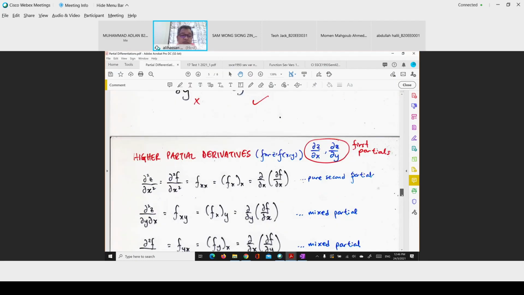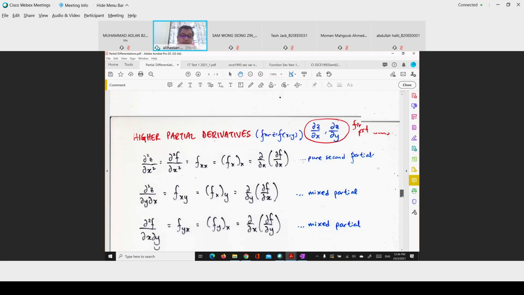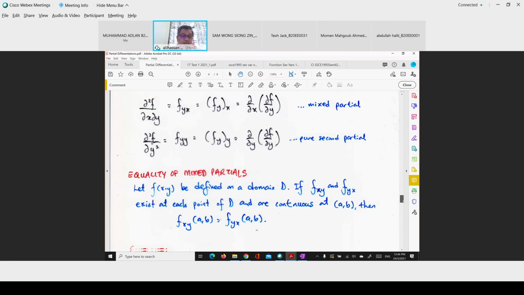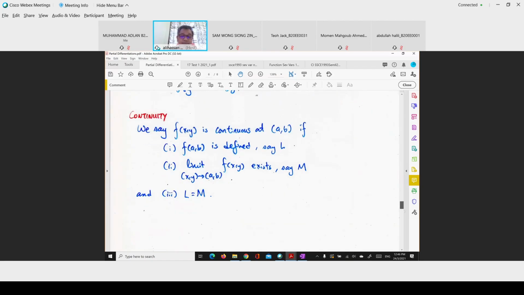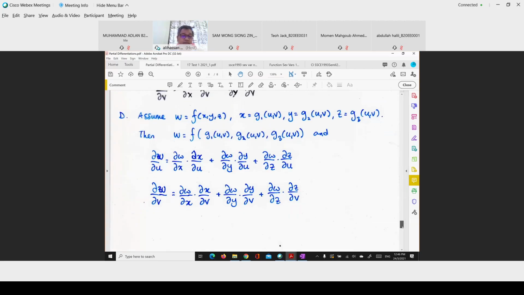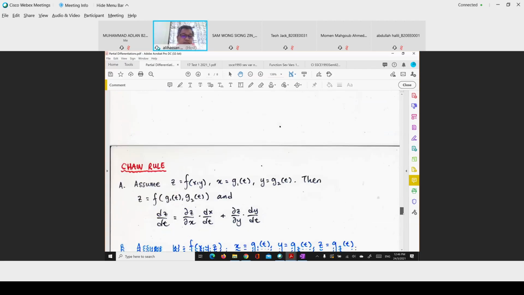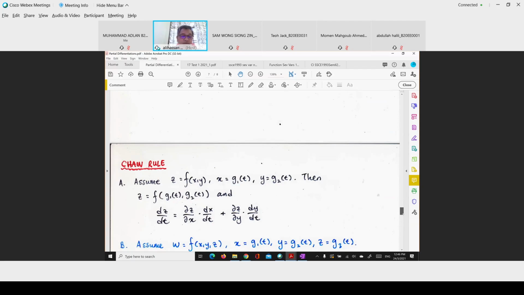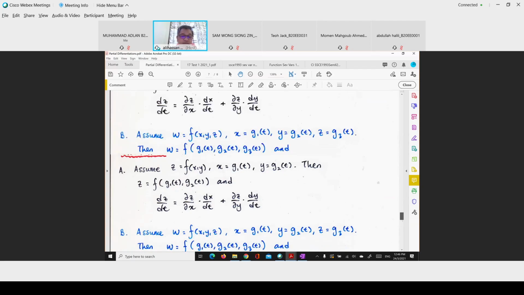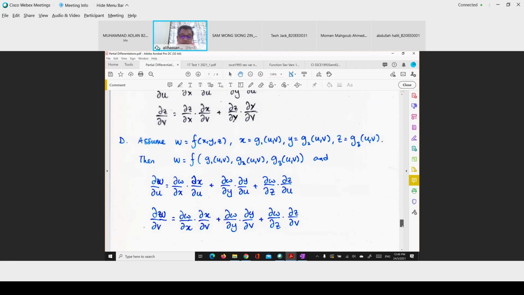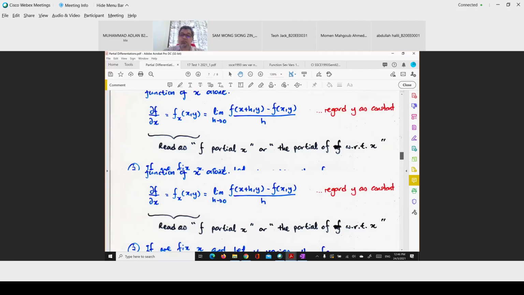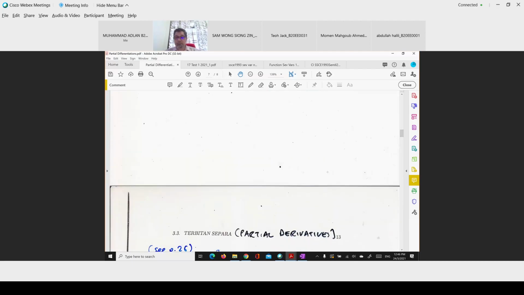There are also higher partial derivatives, just like in the calculus of function of single variable. I will discuss this more next week. Then we also have other formulas, a chain rule for function of several variables. Any question before we stop here?